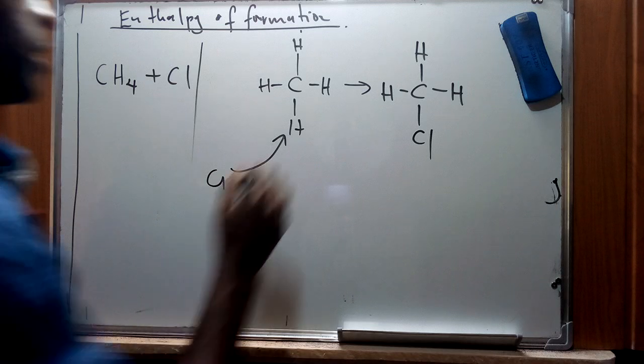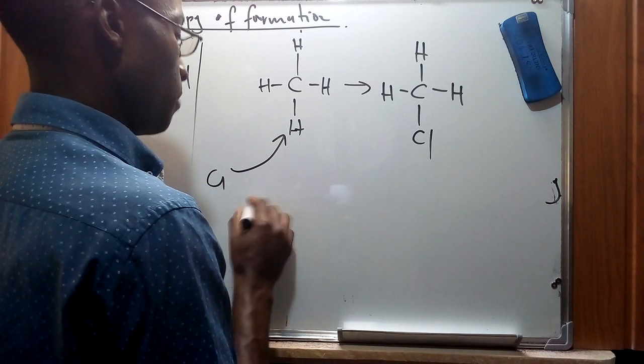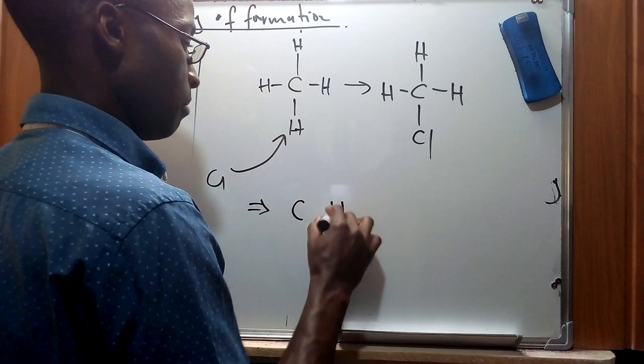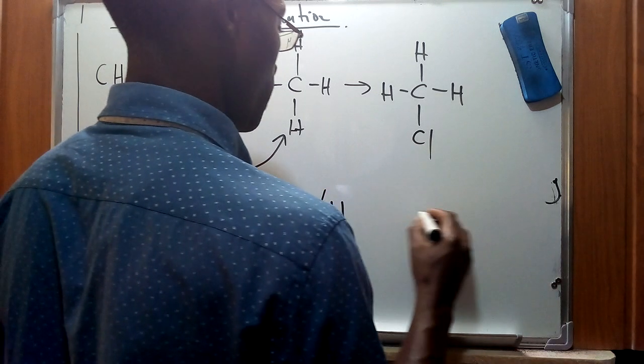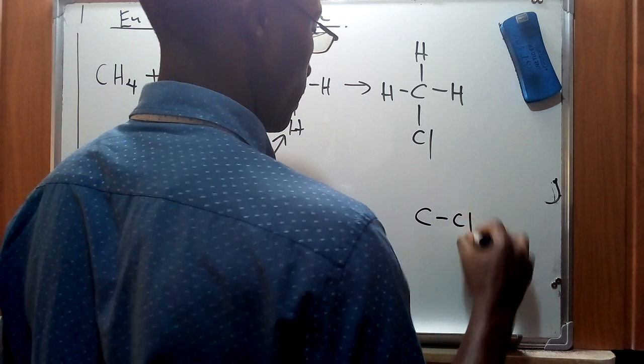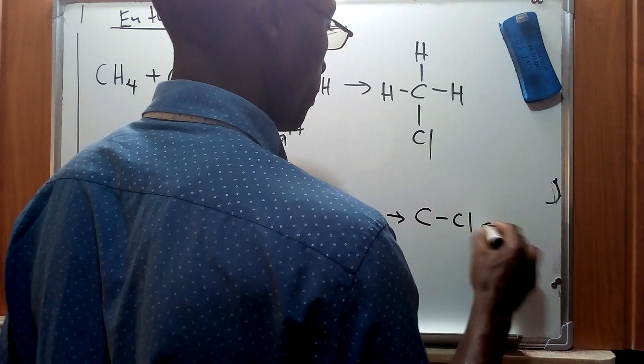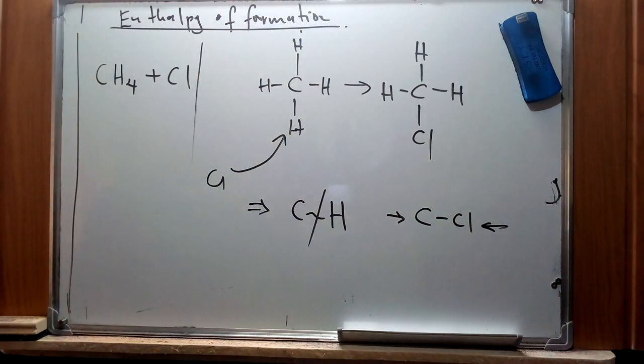In this case, the hydrogen has been substituted, which implies the carbon-hydrogen bond has been broken while there is a formation of a chlorine-carbon bond. Maybe you can use those illustrations to put an emphasis on that.